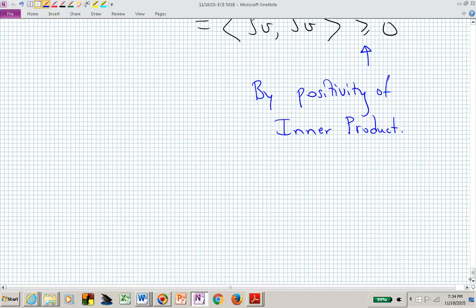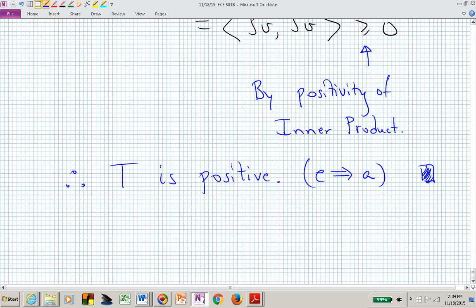Thus, we've just shown that E does imply A, because now we've shown the two halves of this linear operator T being positive. It needed to be self-adjoint, and it needed to satisfy this inner product relationship, so we've now shown that E does imply A.